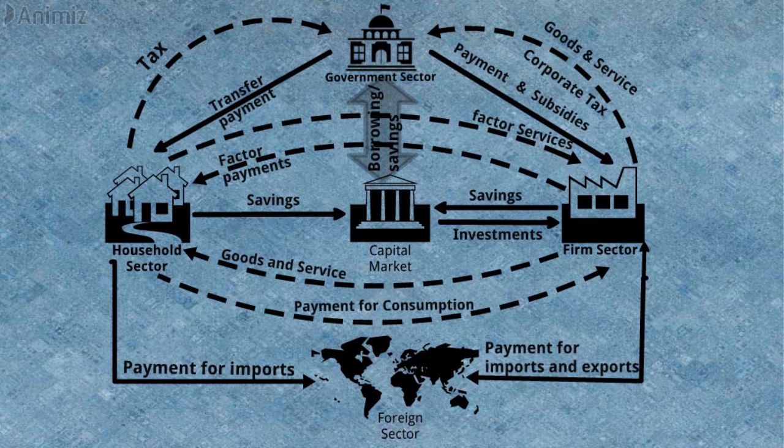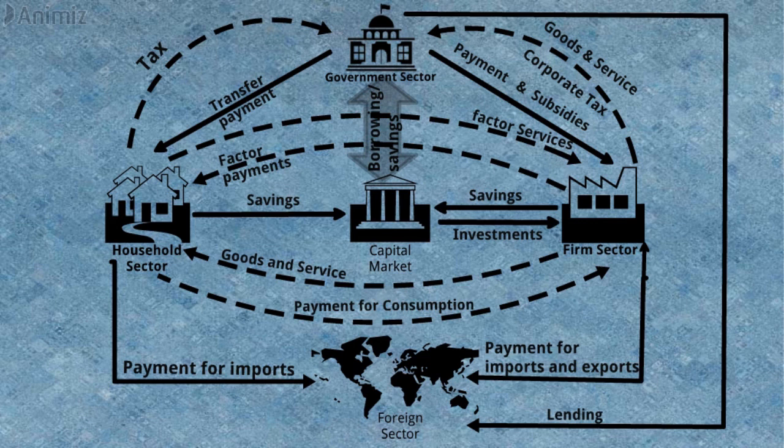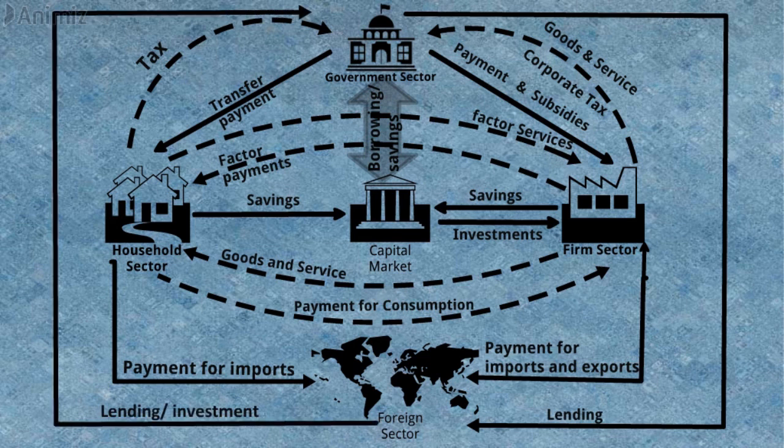Let's consider some simple activities involved. The foreign sector borrows money from government sector. Likewise, foreign sector can also lend money to the government, or they can also make investment like foreign direct investment. This entire diagram, as you see, is the circular flow of income with all the major sectors in an economy.